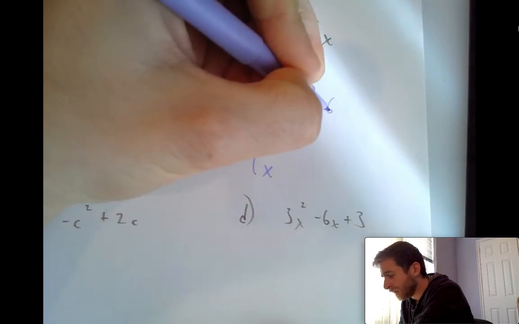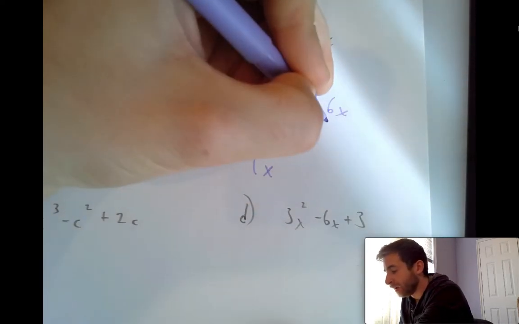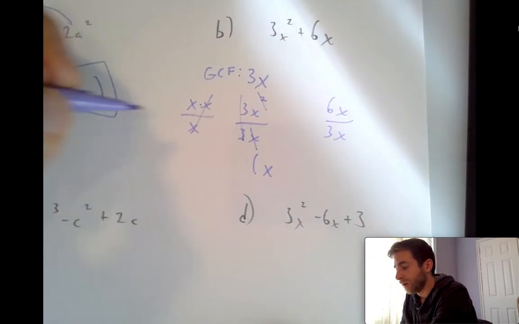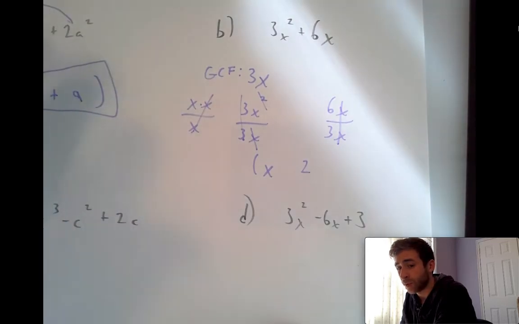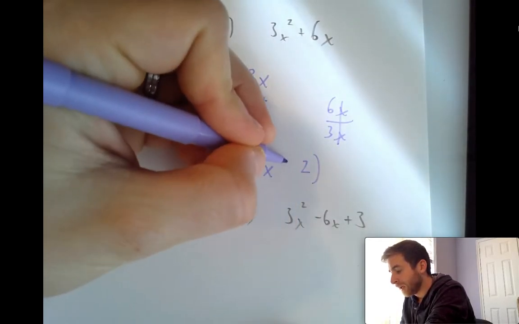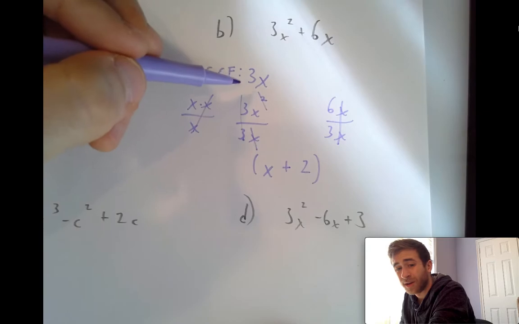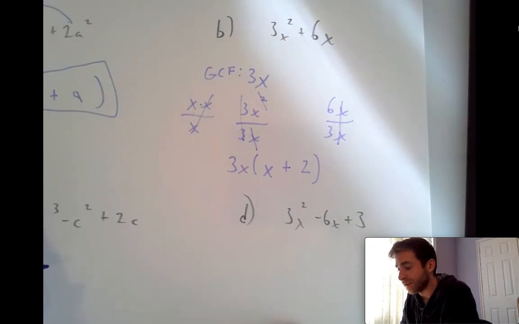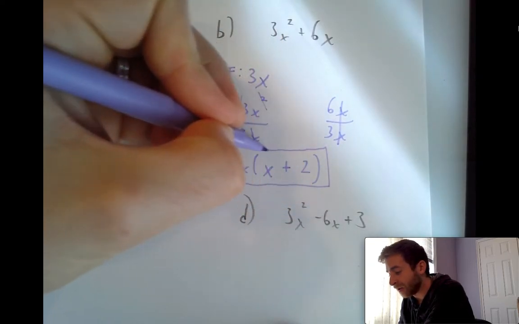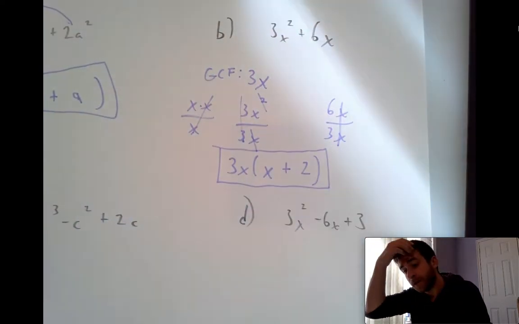And then I'll do 6x divide away the 3x. 6 divided by 3 is going to get me 2. The x's cancel, so we're done there. And it's x plus 2. And then finally, you just got to finish up by tossing this 3x in front of the parentheses. And that is our factored version of this over here.